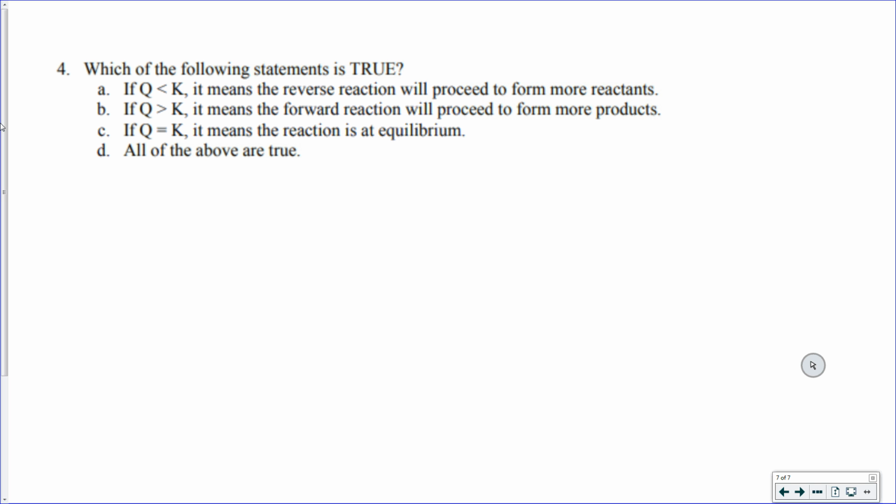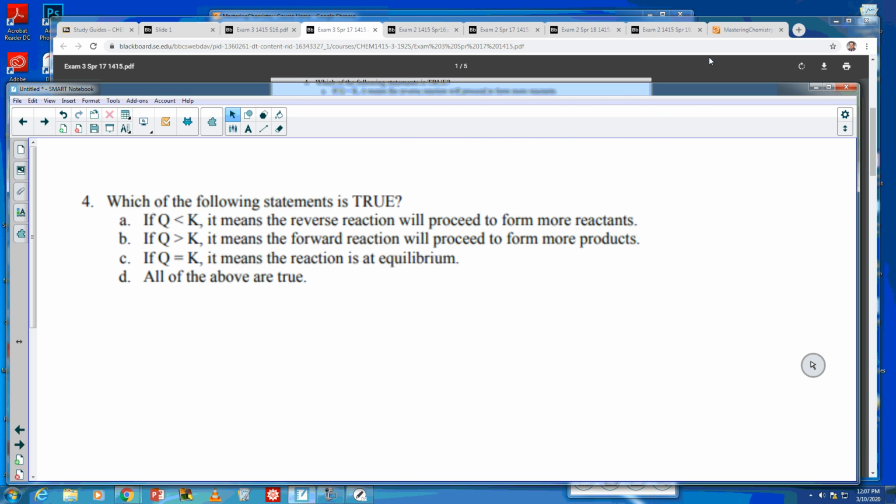You're trying to figure out if A and B are correct, but look at C. If Q is equal to K, it's at equilibrium. That's the correct answer. What's wrong with A and B is they're reversed. They're swapped around. So now we know what to expect.